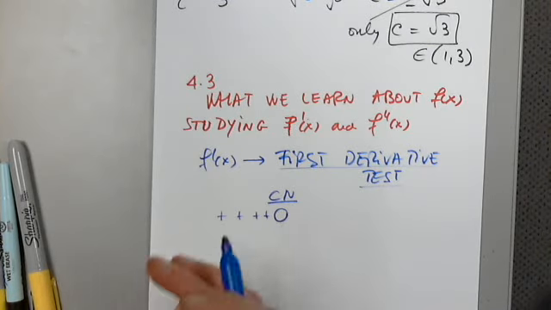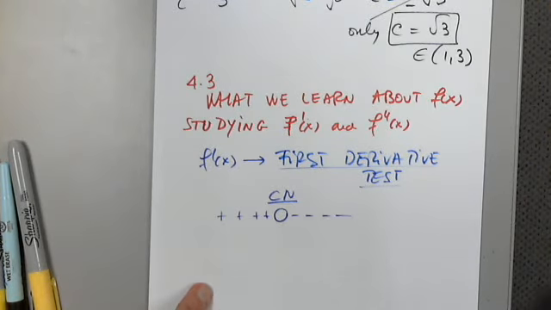So the first derivative is positive, 0, and then negative.